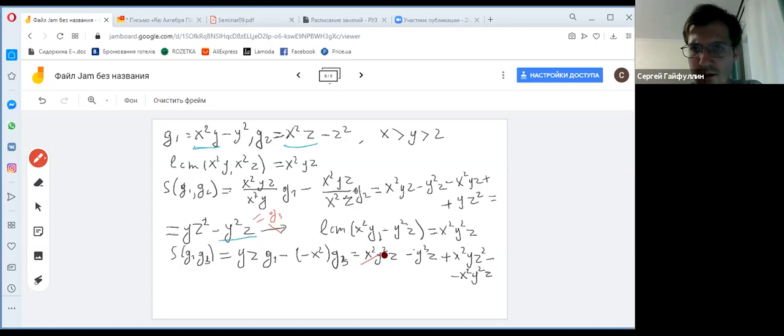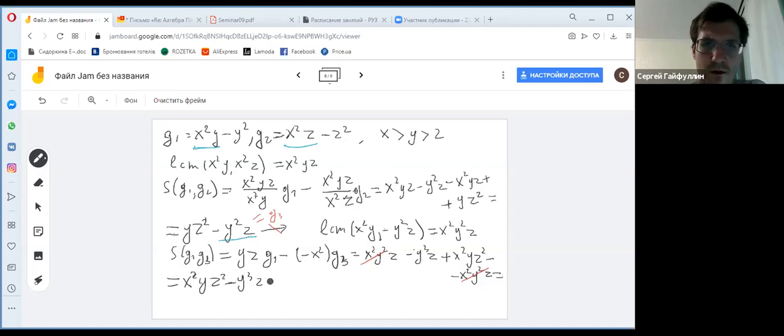This is just the same with opposite signs. And now we have, it was okay. I'm sorry. It was okay. This is x square y z square minus y cubed z.